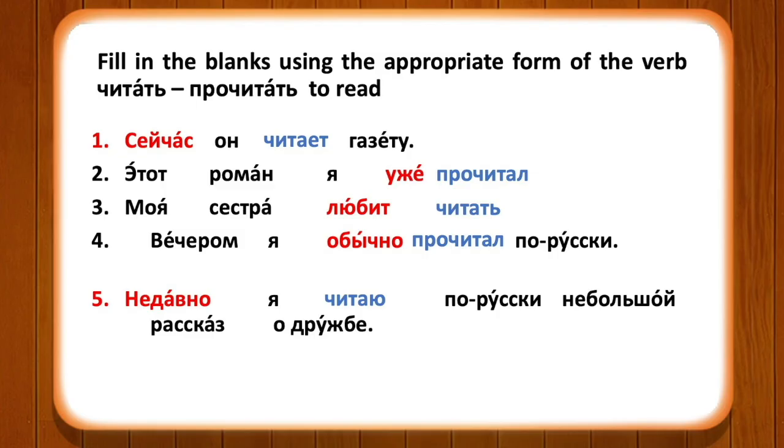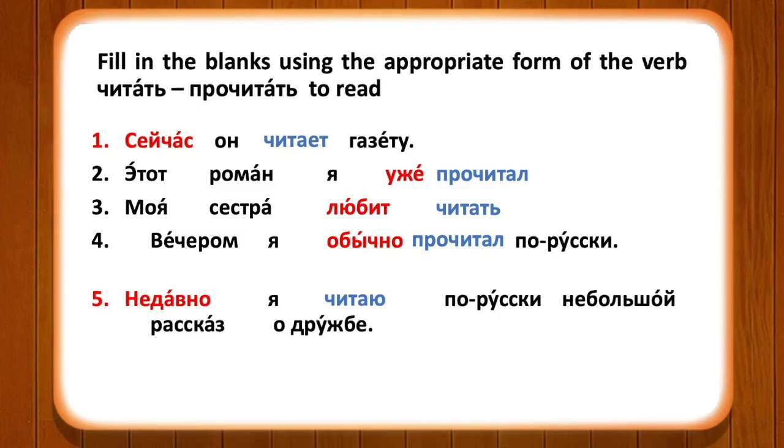Небольшой рассказ means a short story. О дружбе means about friendship. So not very long ago I read a short story about friendship in Russian. So here the use of the adverb недавно indicates completion of an action. Недавно я прочитал по-русски небольшой рассказ о дружбе.